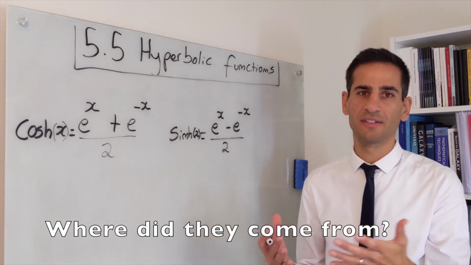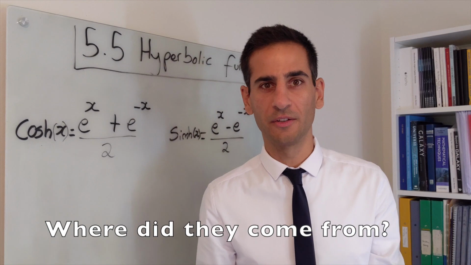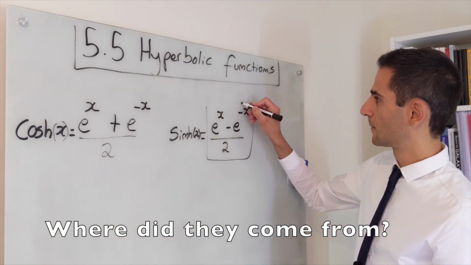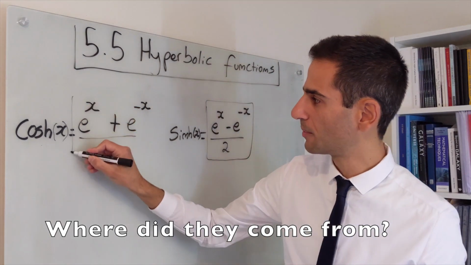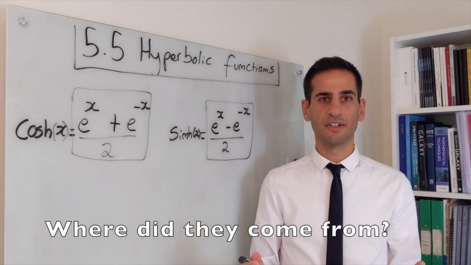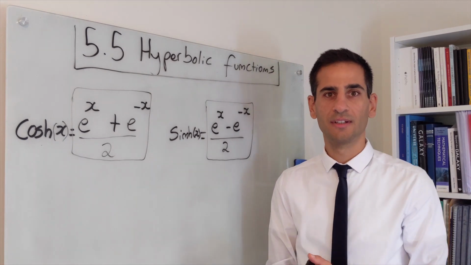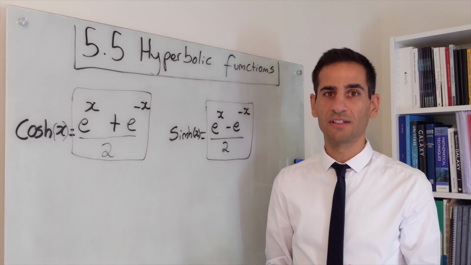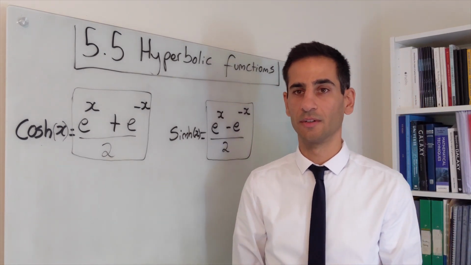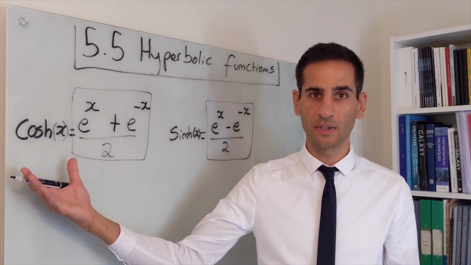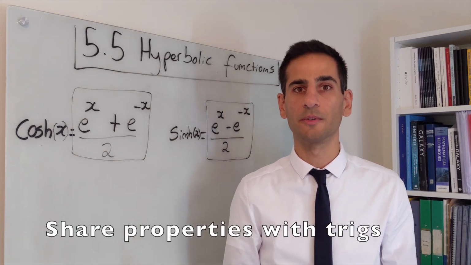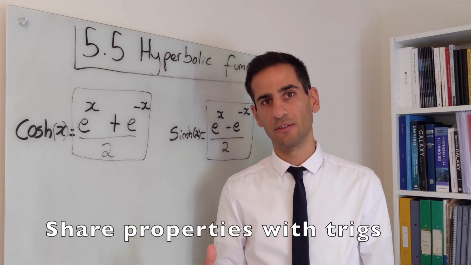The history behind this is not so important, but in case you are curious, it turns out that these terms started coming up in a lot of solutions for differential equations hundreds of years ago. Actually, so common that people started studying them on their own, and this is how people realized that these functions actually share a lot of properties with trigonometric functions.